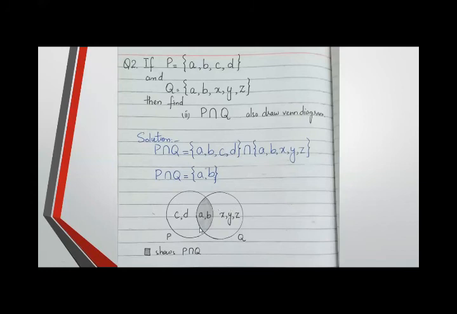Here we have discussed intersection between two sets. So we only shade the central part which is overlapping here. So at the end, we draw a small box and there we have shading here, and right here shows P intersection Q.